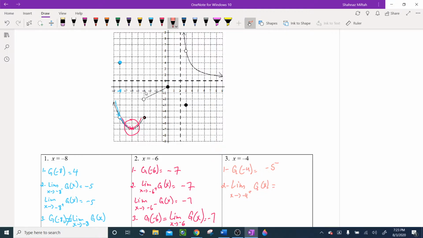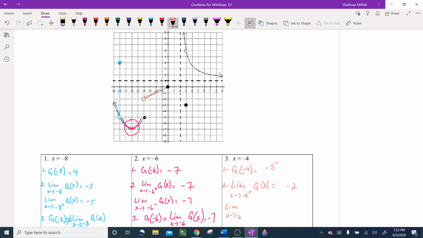So this is -4, and this is the right side of -4, and this is the only graph approaching -4's y value, and I'm going to pick arbitrarily close because that's a hole, and arbitrarily close is -2. You can tell it's not continuous because of this. I already got different ones.